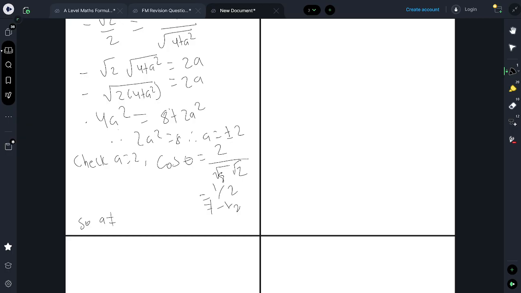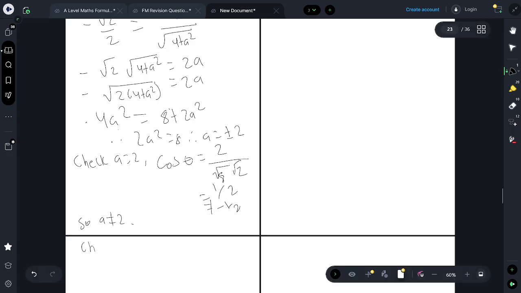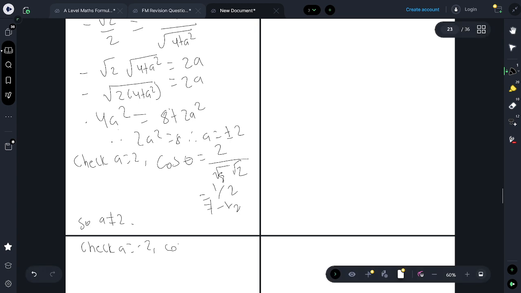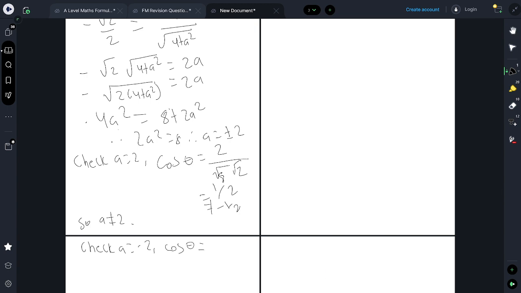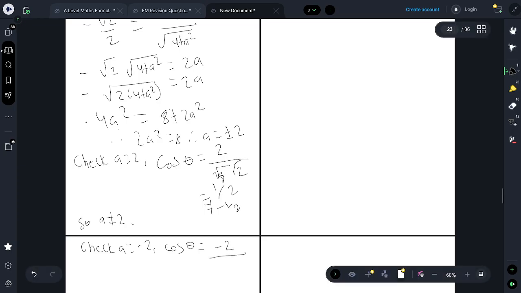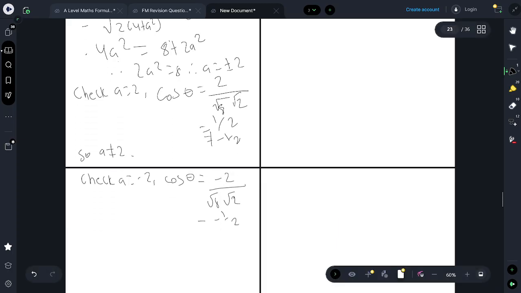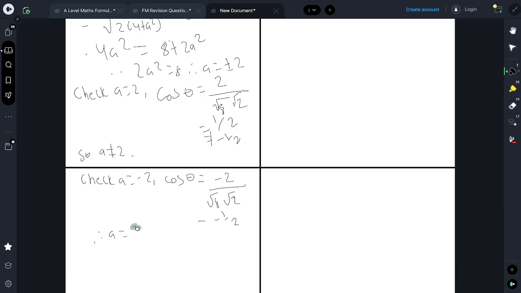Then we check a = -2. Cos theta would be -2 over root 8 times root 2, root 16, which is minus a half, right? And that's great. So therefore a = -2 is the solution. Okay, so then part b.